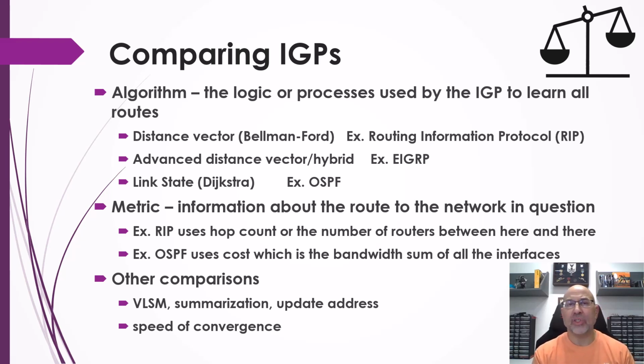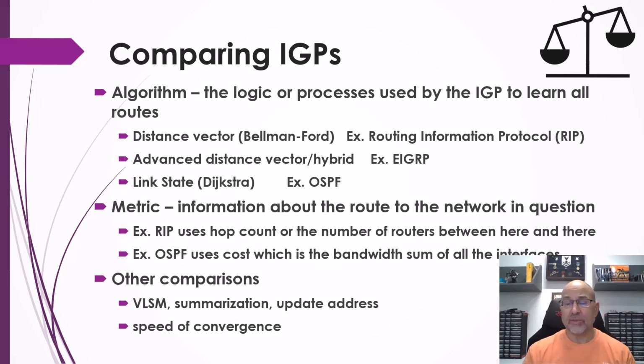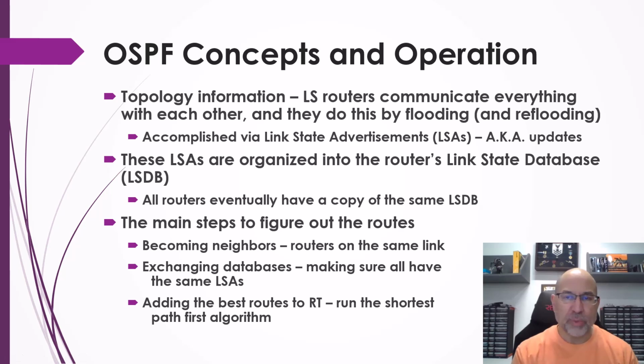Will they have to talk to each router individually, or can we use a broadcast or multicast address to tell everybody what's going on? And then, how long does it take to converge to a stable topology? So RIP is kind of slow, as an example. OSPF is faster than RIP because OSPF has a whole bunch of mechanisms that are not present in RIP to speed up convergence. So let's get into some OSPF specifics.